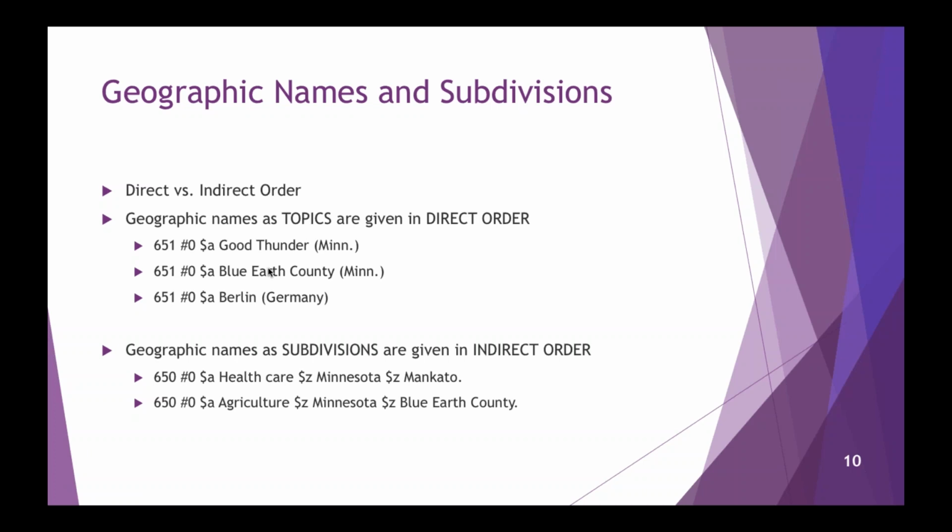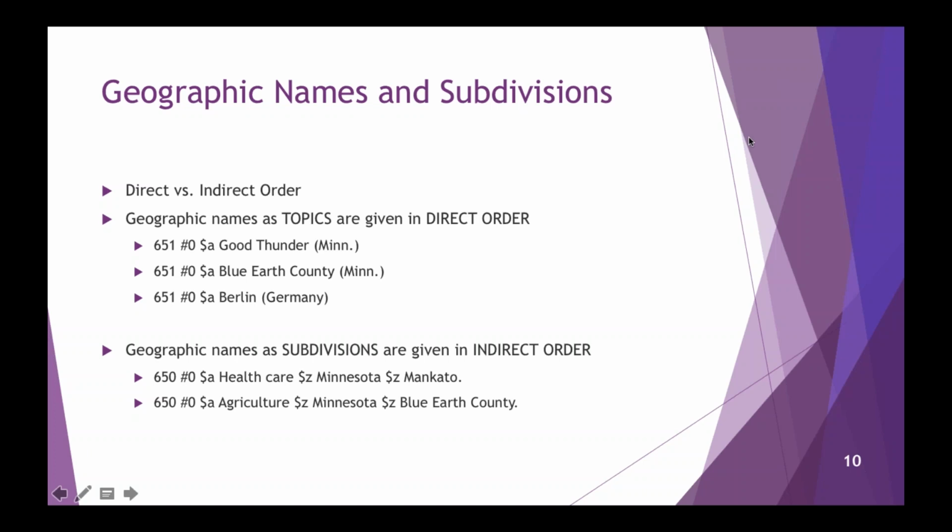Once you get outside of Anglo countries, we just do the place name, the city, followed by the country in parentheses. So Berlin, Germany. So this is all direct order. When we use a geographic name as a subdivision, however, as a free-floating subdivision, then we have what we call indirect order.